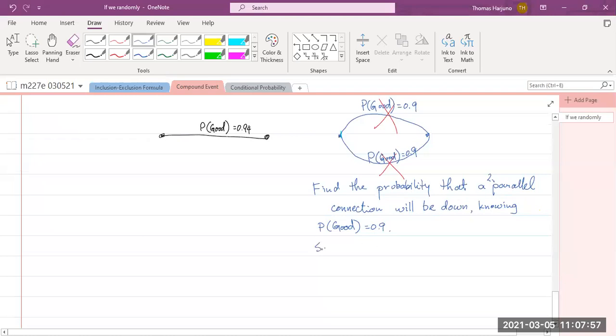So let's see. Solution. The probability that the connection for one line is good is 0.9. So the probability that one line is down is 1 minus 0.9, which is 0.1, right? That's for one line only. Now then we look at the two parallel lines.